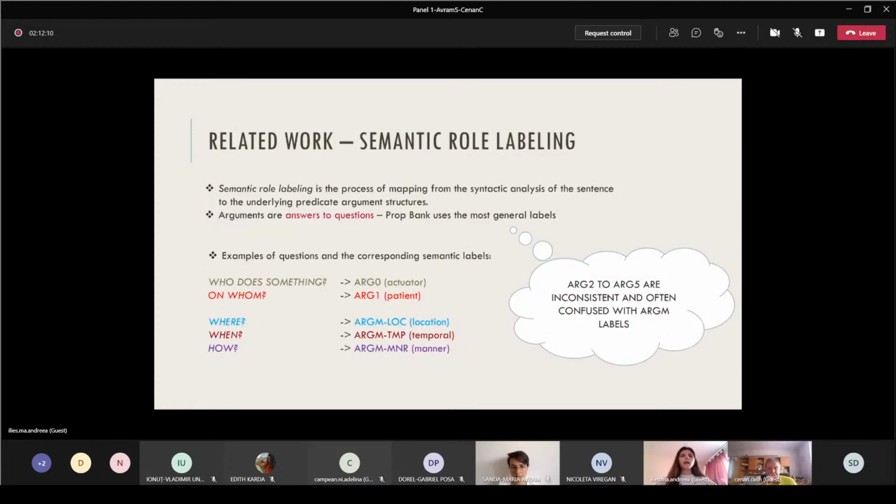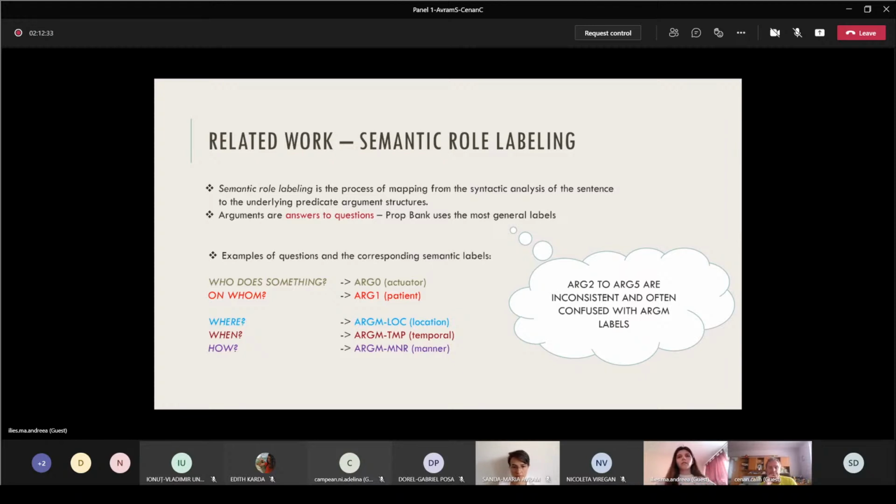So for the labeling, I chose semantic role labeling, which is interesting because the groups of words are not tagged by part of speech, they are actually the answers to specific questions. For example, argument 0 is the one that does something, who does something. Argument 1, on whom. Argument location is for where, temporal for when, and so on.